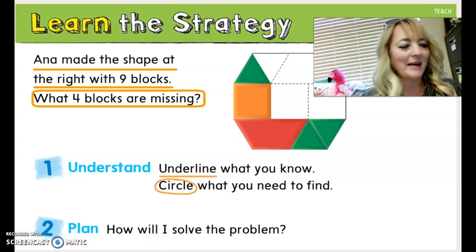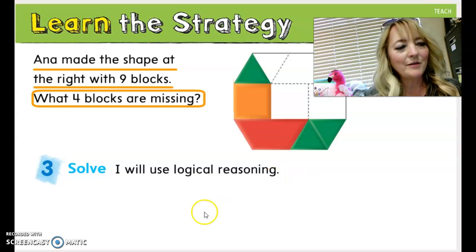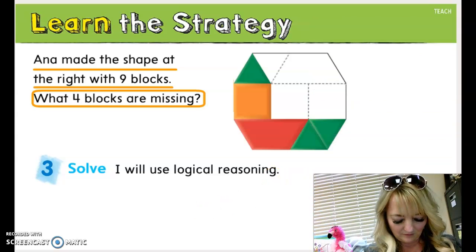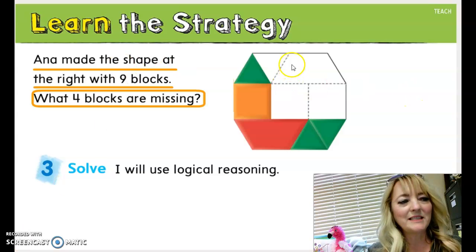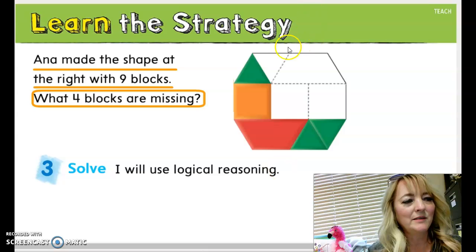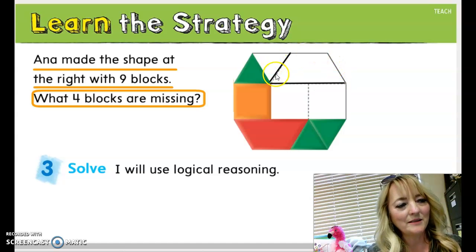Plan, number 2, plan. How will I solve the problem? Solve: I will use logical reasoning. So our logical reasoning tells us, if we use our pencil, then we can find there is a triangle. So go ahead and trace these parts out. Then we would have a trapezoid. And to make this rectangle, we could cut that into 2 squares.